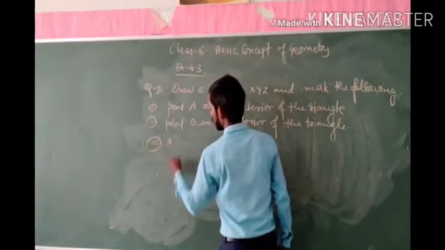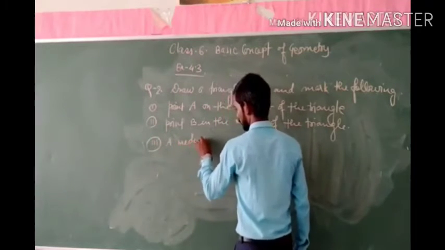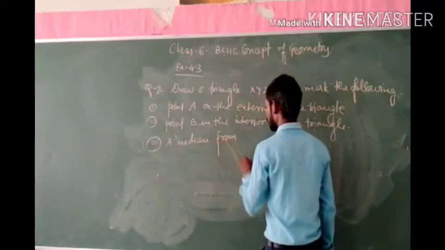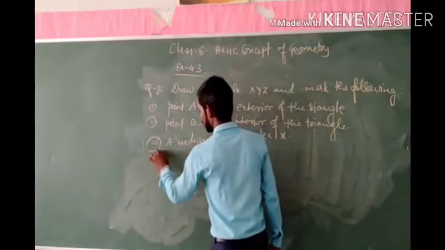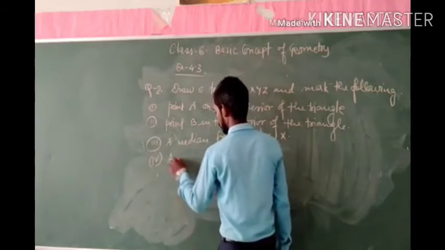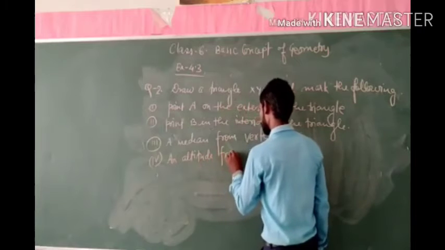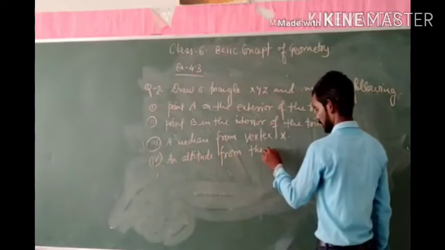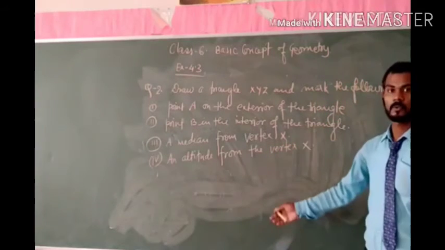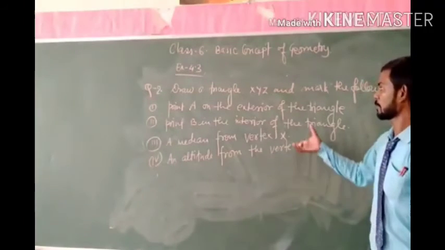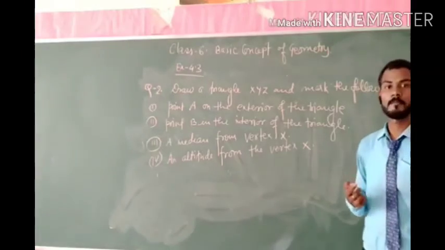Third, a median from vertex X, and the last, an altitude from the vertex X. Here four points are to be noted, and we have to explain with the help of figures of triangles.